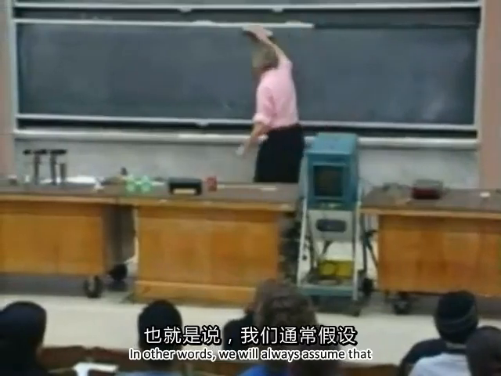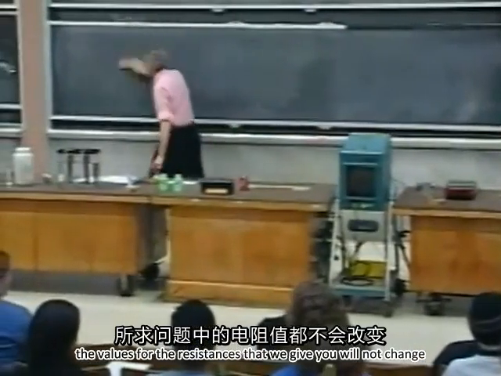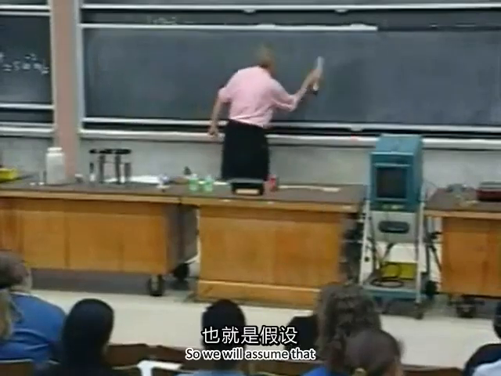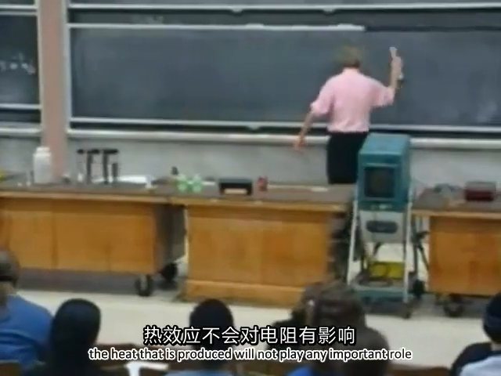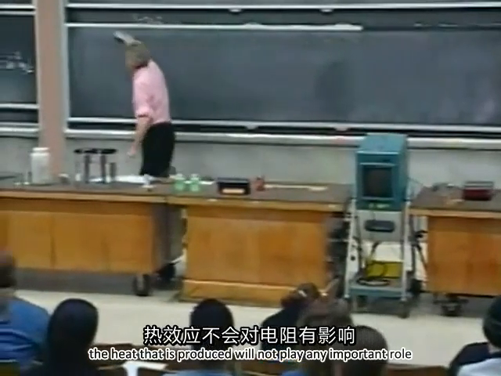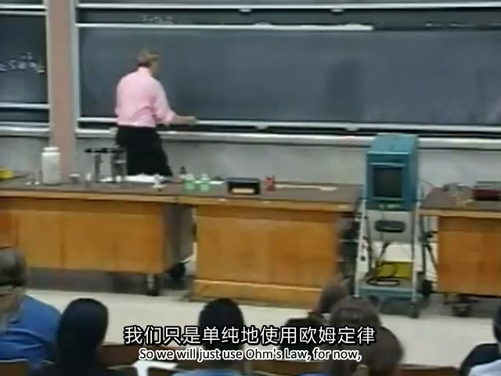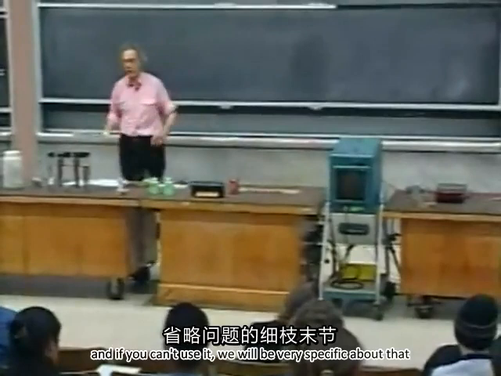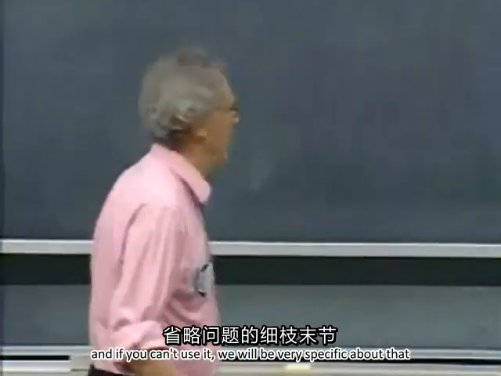In other words, we will always assume that the values for the resistances that we give you will not change. So we will assume that the heat that is produced will not play any important role. So we will just use Ohm's law for now, and if you can't use it, we'll be very specific about that.